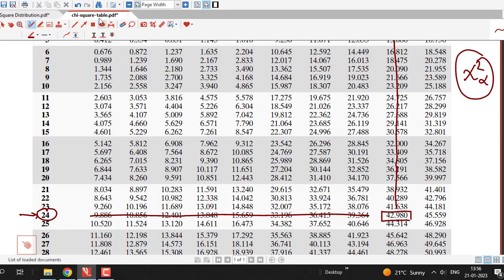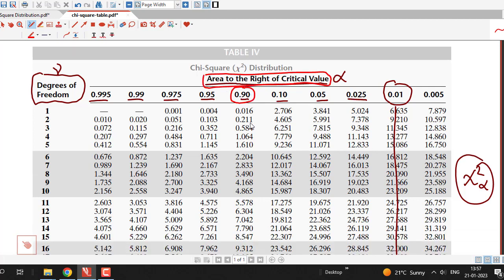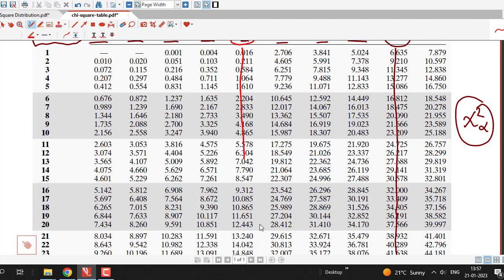So now we come here again, degrees of freedom 24, and we have to search for 0.90 value of area. These are the areas to the right of the critical value. Therefore we are considering 0.90 here. So now I am going down until I obtain 24.